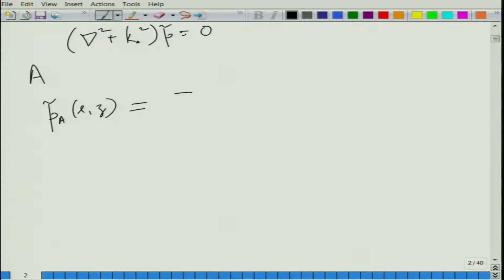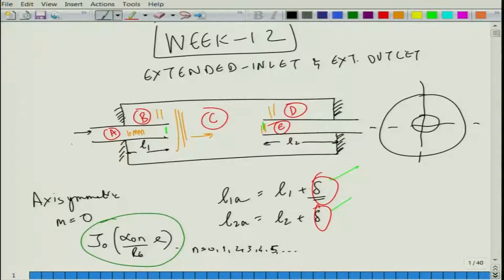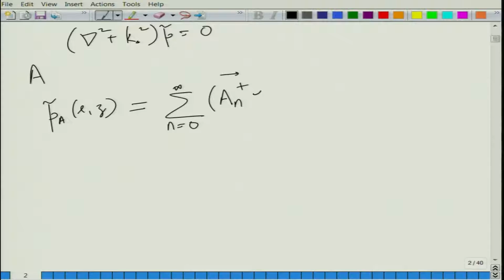So, this will become the sum over n equal to 0 to infinity of A n plus. So, A n plus means the wave that propagates along the positive z direction, and A n minus will be the wave that propagates in the negative z direction, and we will follow that convention for all the regions.